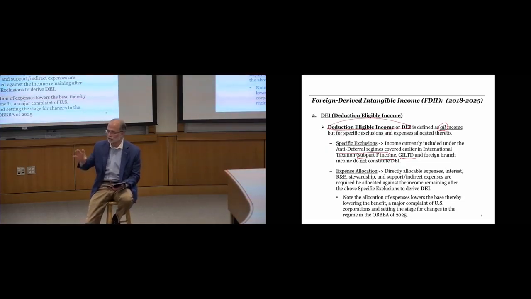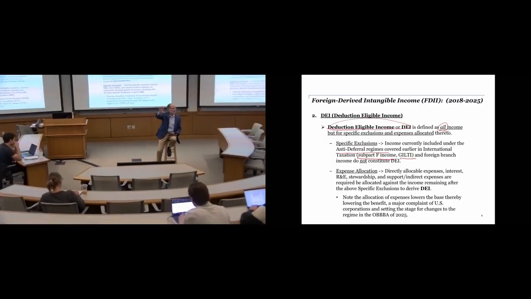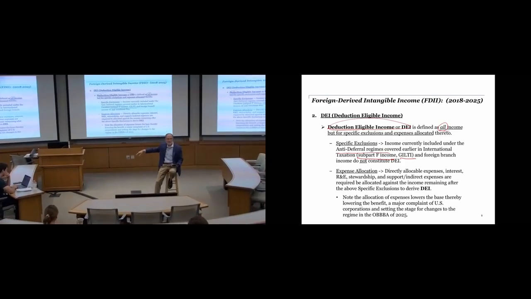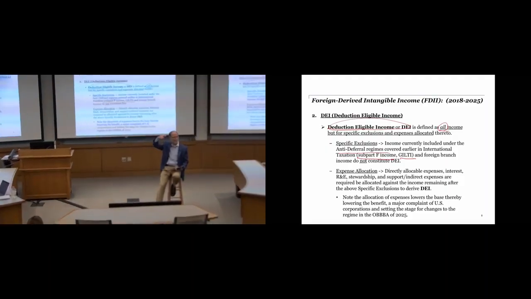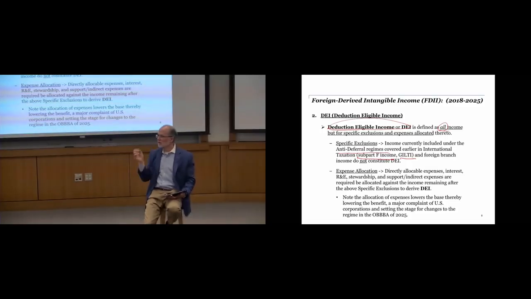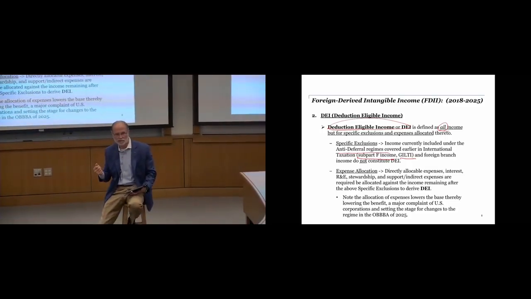Because we're starting off with all of your income. All of that income could include some items that are not U.S. centric. Subpart F is foreign income of a CFC that we currently tax in the United States. So it's in my all income, but I don't want to encourage that. I want to encourage U.S. activity, so that's excluded. My GILTI income, that's my stick.